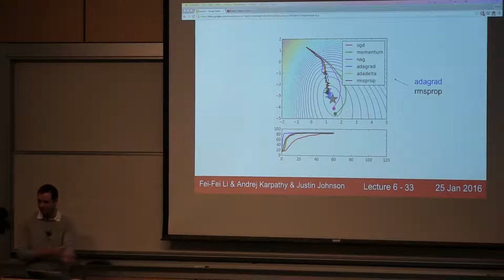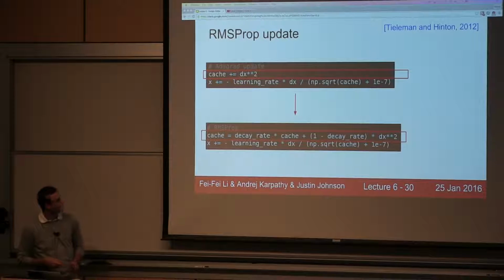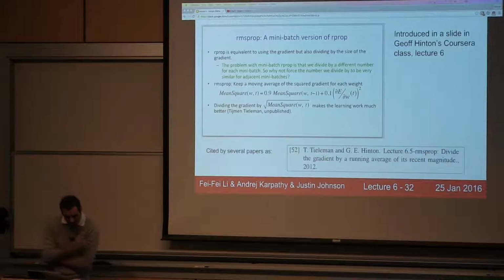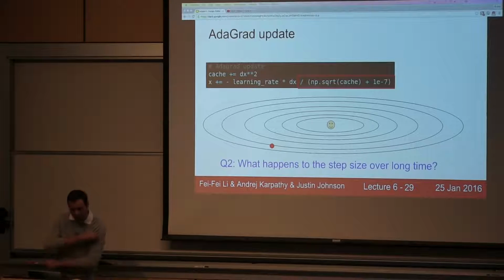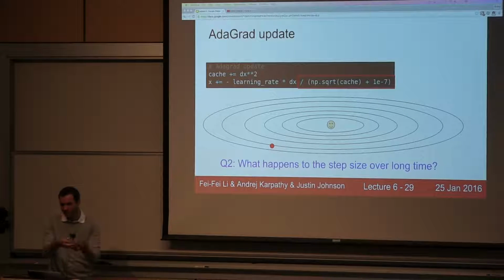Since you scale down the learning rate in the steeper direction, in that image that you had, if the red dot was moved over to directly under the smiley face, don't you want it to just go quickly down the steepest direction? So you're saying that in some cases you might want to actually make faster progress in a steeper direction.